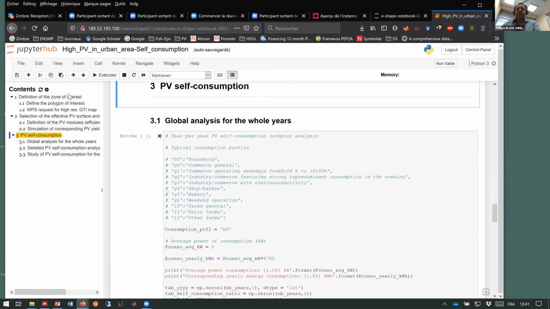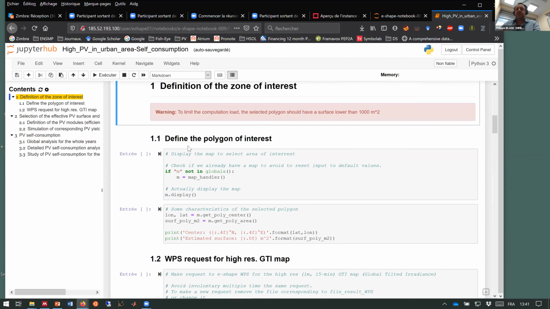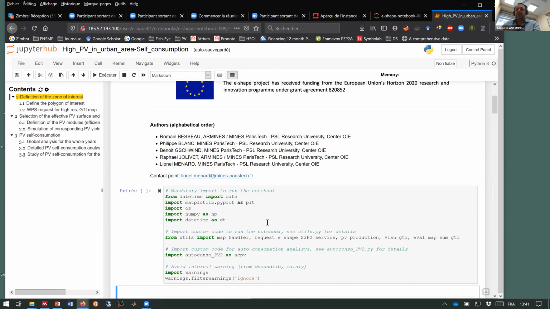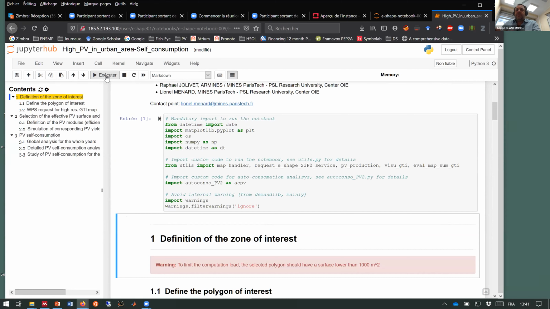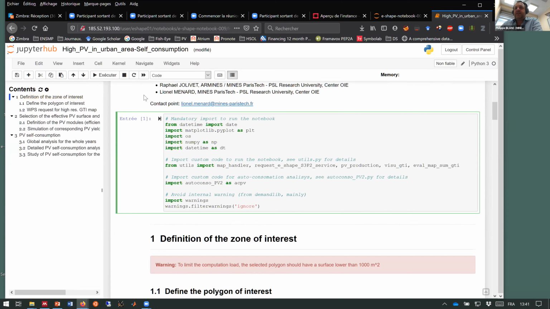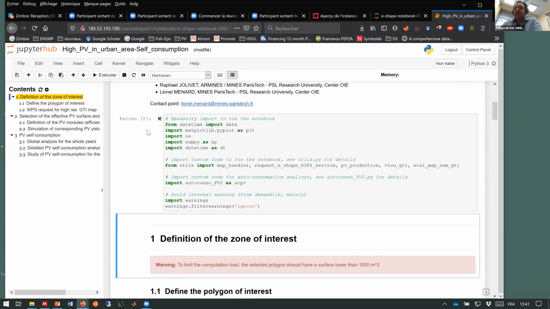Okay, so now start with the first cell. Do not forget to run this one because it's an initialization. So I get this, okay? And what you can see is while the cell is running, you have a star here. And when it's finished, you have a number. I can restart this and it will increase the number, okay?